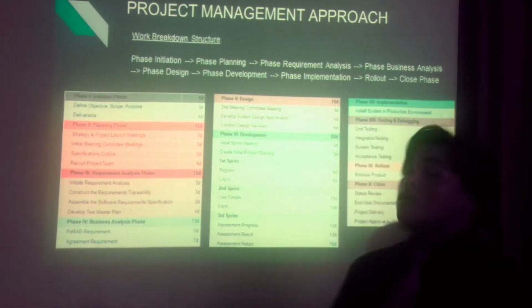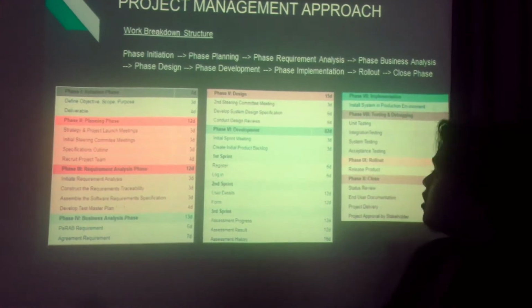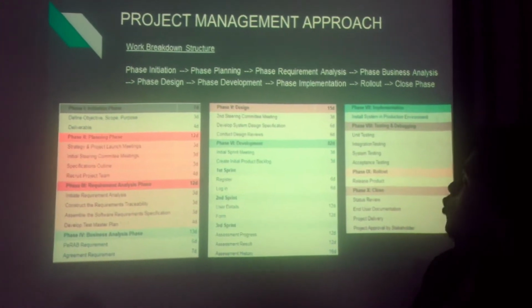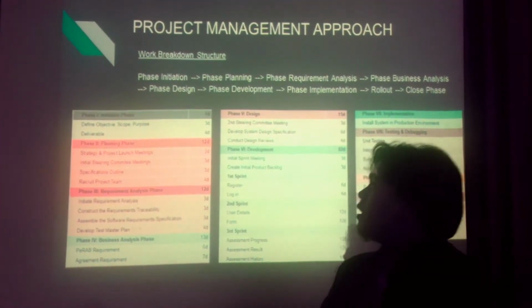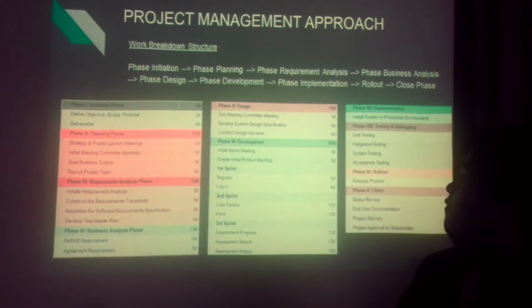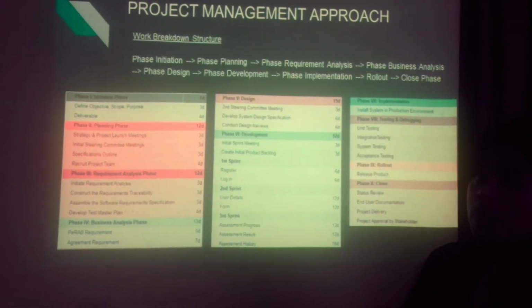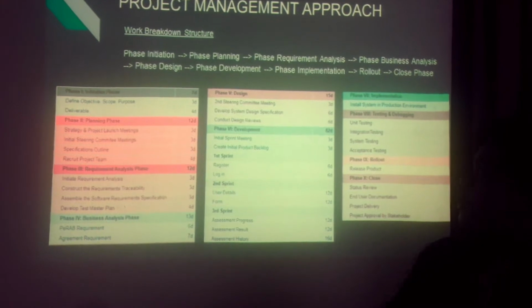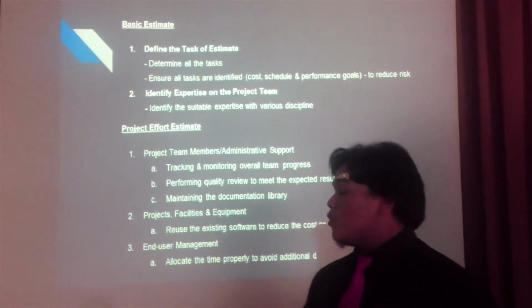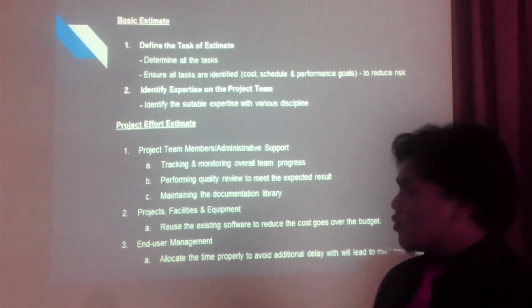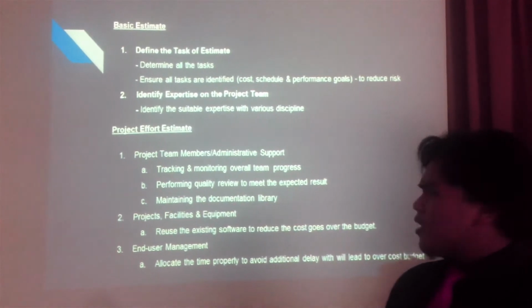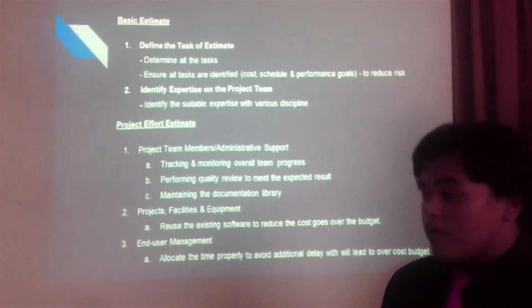There are 9 phases, which are phase initiation, phase planning, phase requirement analysis, phase business analysis, phase design, phase development, phase implementation, rollout, and then close phase. Next we go on to the estimate of the project. There are 2 estimates in this project, which are a basic estimate and then a project effort estimate.